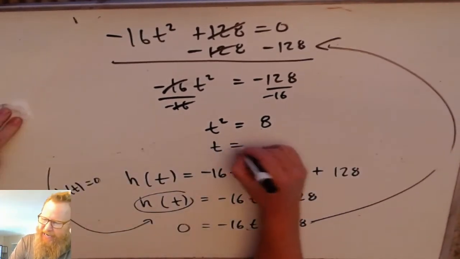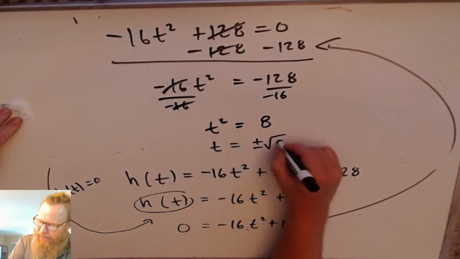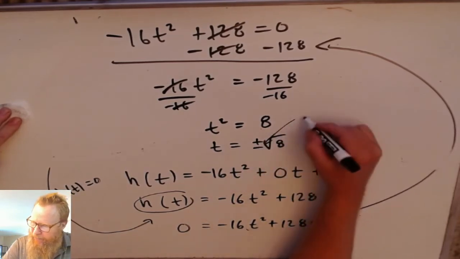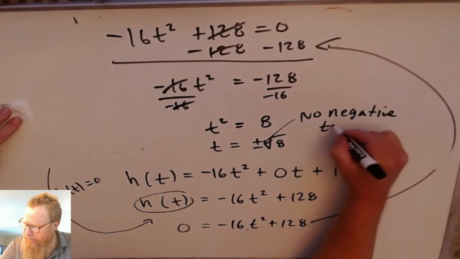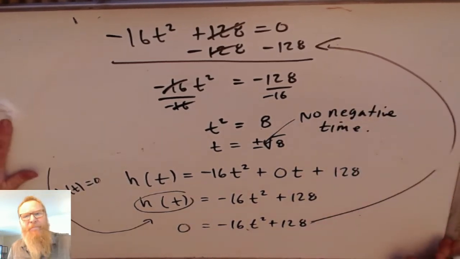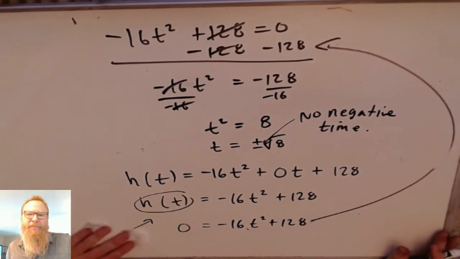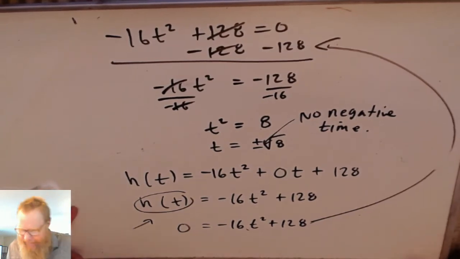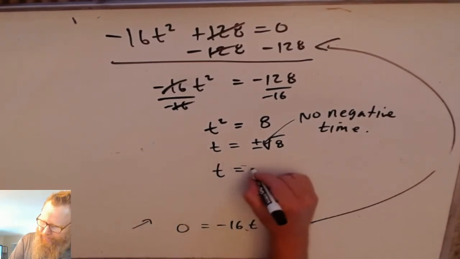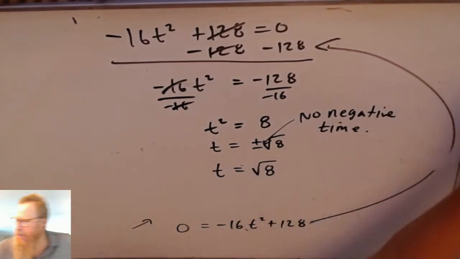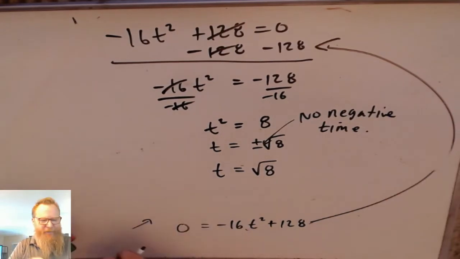So t is plus or minus the square root of 8, but there's no negative time. Time cannot be negative. So you can just take the ordinary square root of 8.